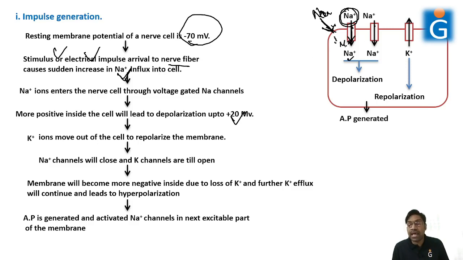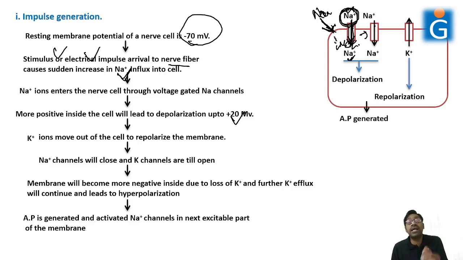If this is a mechanically operated sodium channel, this nerve impulse is going to strike this nerve cell and open this mechanically operated sodium channel, which causes an influx of sodium. But this sodium is not sufficient to cause depolarization; it is only going to trigger the opening of the voltage gated sodium channels, and these voltage gated sodium channels are many in quantity, many in concentration.